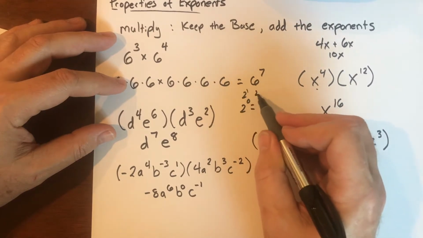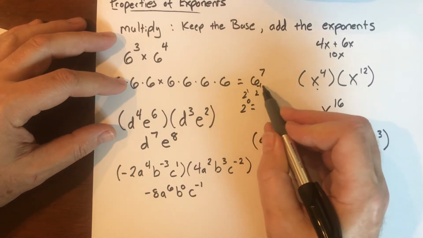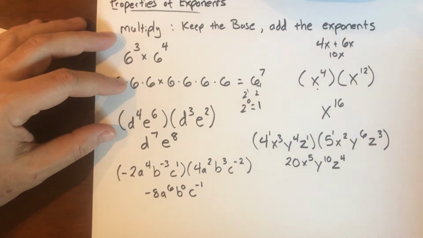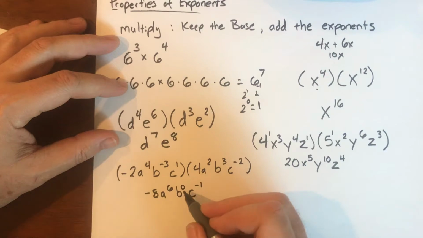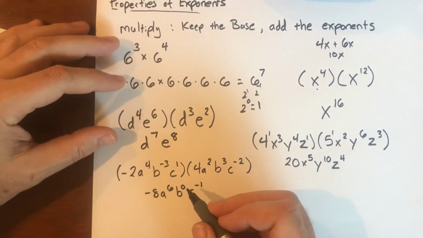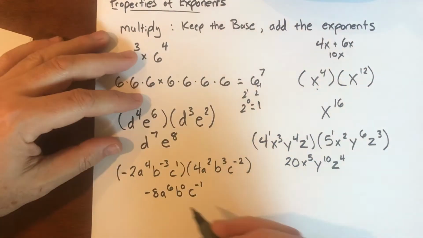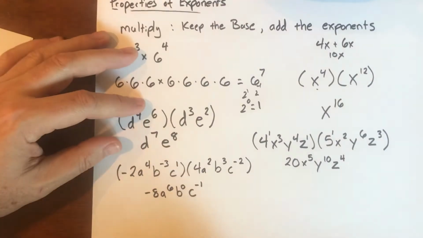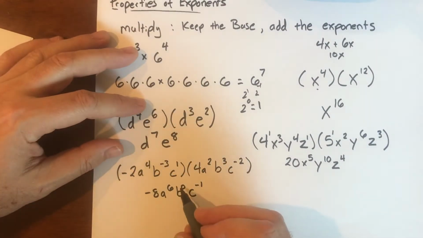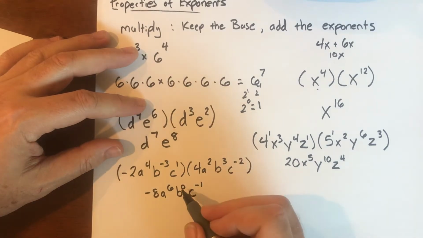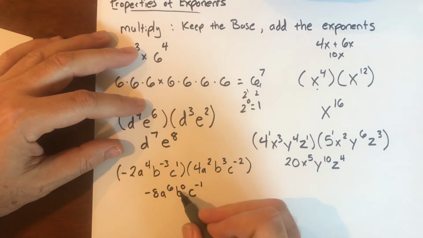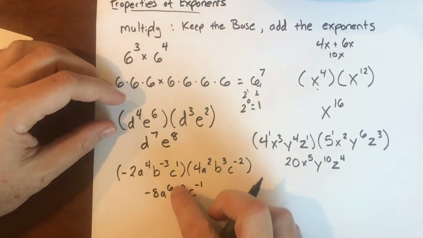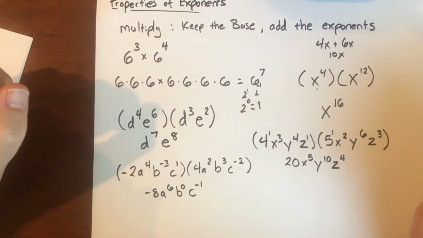Remember, 2 to the 1 was 2, and 2 to the 2 was 4. We went by halves, 4, 2, and down to 1. Anything to the power of 0 is just 1. So b to the power of 0 is just 1, right? You'll see it in the next property when we do division. You'll truly understand this. This is just 1. What is -8 times 1? -8. So when you have something that goes to the power of 0, poof, it goes away.